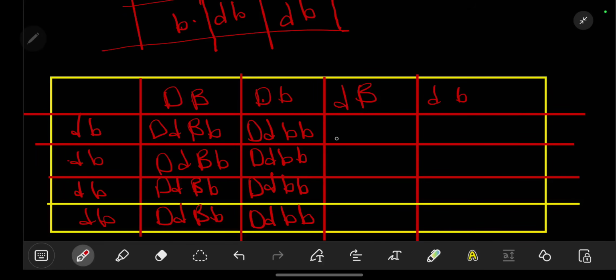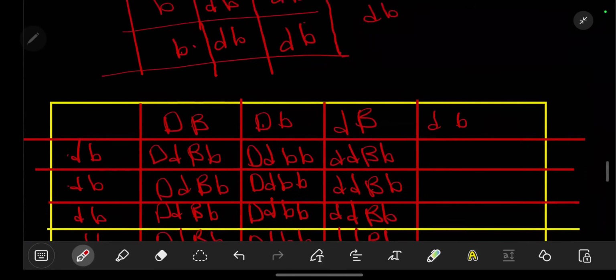Then we are going to have our D here with D. We have B, small b. We have here our D, small d, B, small b, like that. Then here we have our D, small d, B, small b, like that. Then we are going to get a D, small d, B, small b, like that.